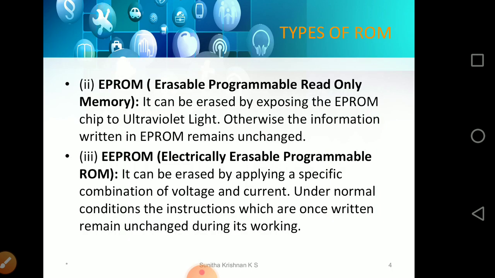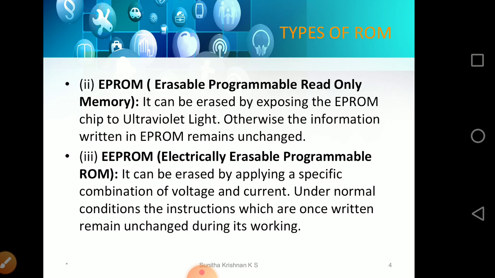Coming to Erasable Programmable Read-Only Memory, the data that we have embedded in the chip can be erased using ultraviolet rays, and again you can use the ROM for some other purpose. It's not done by the user, it's only for the manufacturers, such that they can use the components again and again.